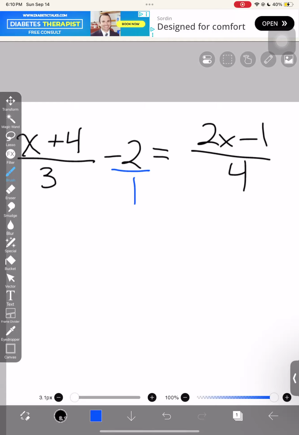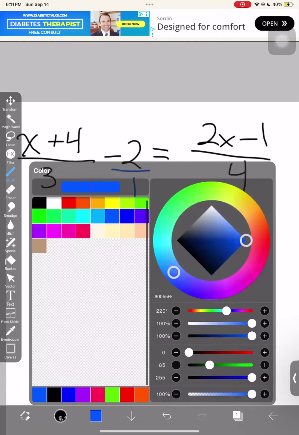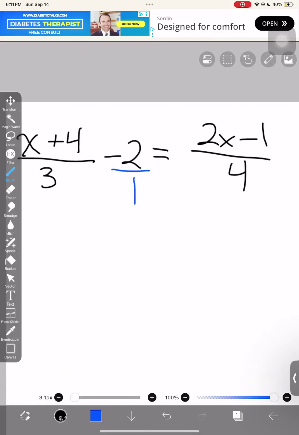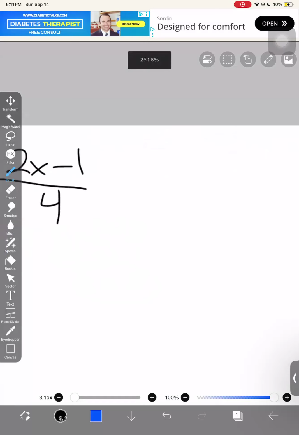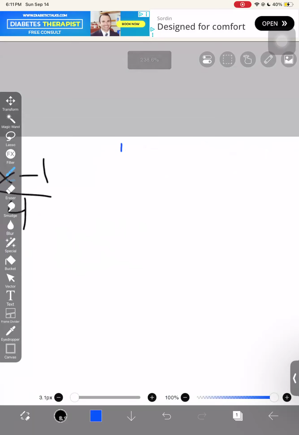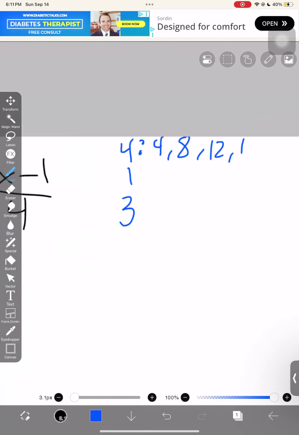Now it's a fraction. Now, in order to add fractions, of course, you have to make sure that their denominators are the same. And that means we have to see, when will 3, 1, and 4 be the same? And we could kind of work here and try to find the multiples. So let's do 4, 1, and 3. Well, we have 4, 8, 12, 16.